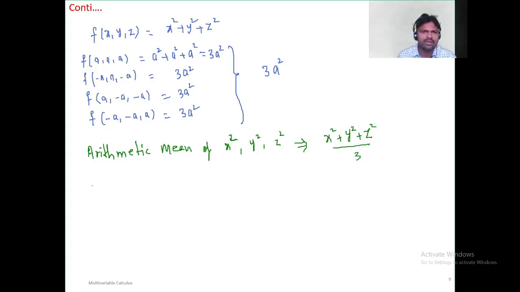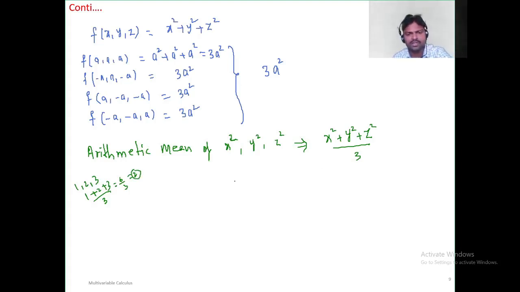For example, what is the mean of 1, 2 and 3? Mean is nothing but average or arithmetic mean. 1 plus 2 plus 3, sum of observations by number of observations, is 6 by 3, so you get 2. The average is 2. Same story here: the arithmetic mean of 3 numbers, where the first is x square, the second y square, the third z square, is the sum of observations divided by the number of observations.